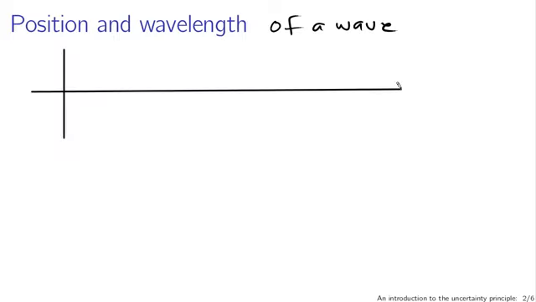To start off, though, conceptually think about position and wavelength. And this really is now in the context of a wave. So say I had a coordinate system here, something like this. And if I had some wave with a very specific wavelength, you can just think about it as a sinusoid.